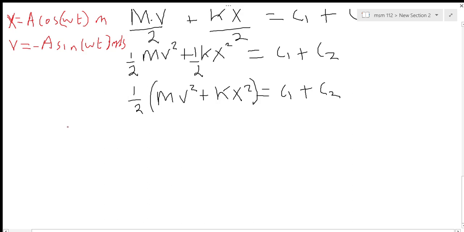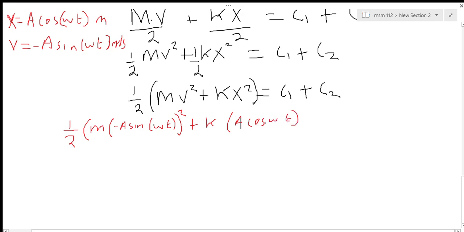This will give us something like this: half m, where there is v, we put negative a sine omega t squared, plus k, where there is x, we put a cos omega t squared, is equal to C1 plus C2.